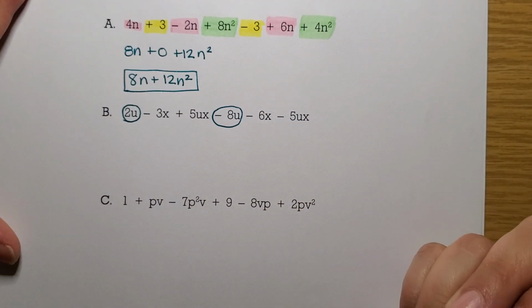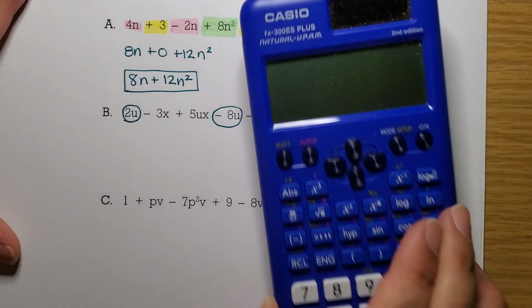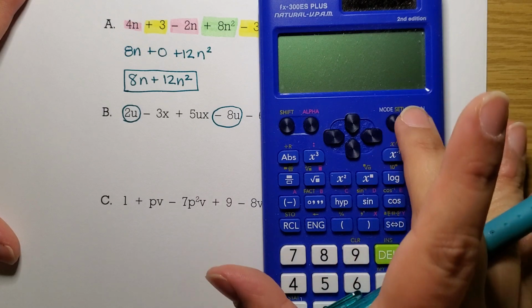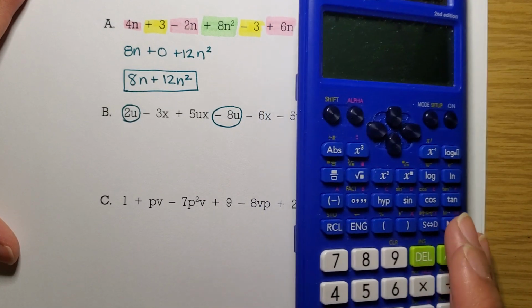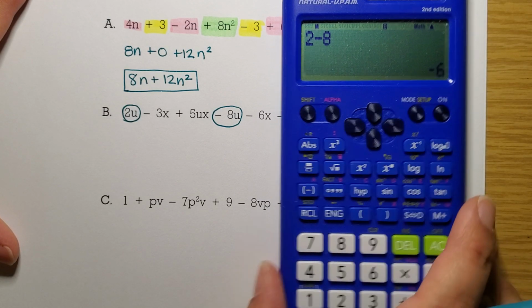So 2 minus 8, and you can use your calculator here too, that's totally fine. My calculator is not going to have variables that I'm throwing in here, but that doesn't matter. Just ignore the u and do 2 minus 8, and we get a negative 6.